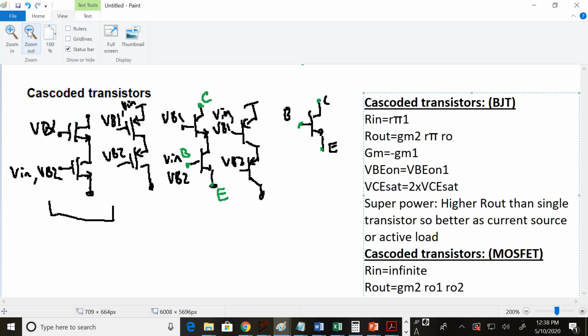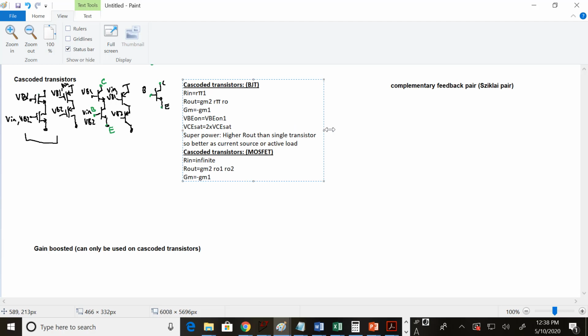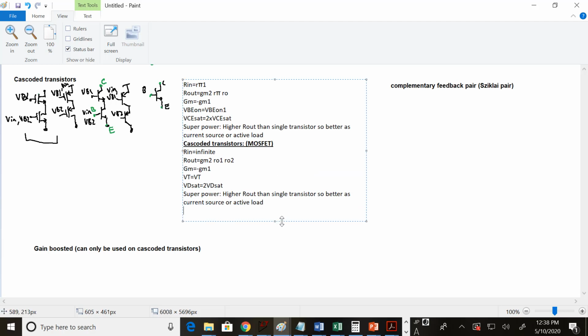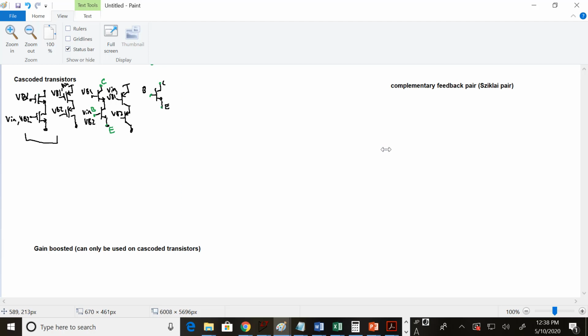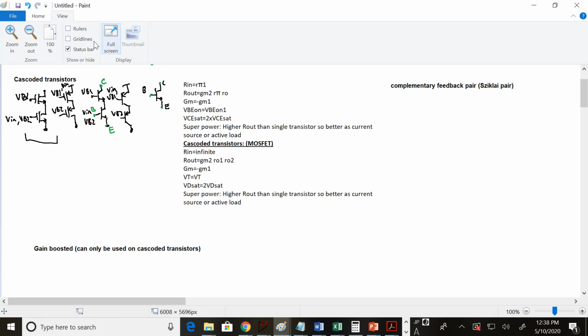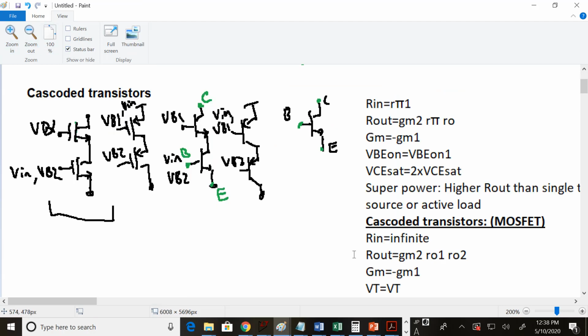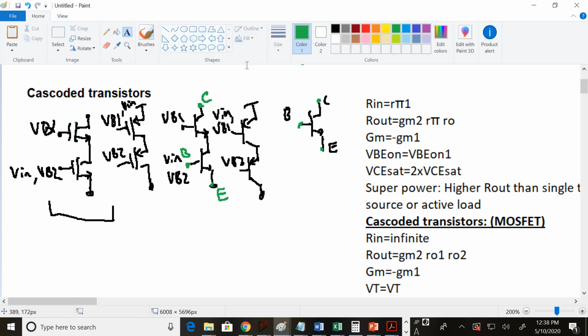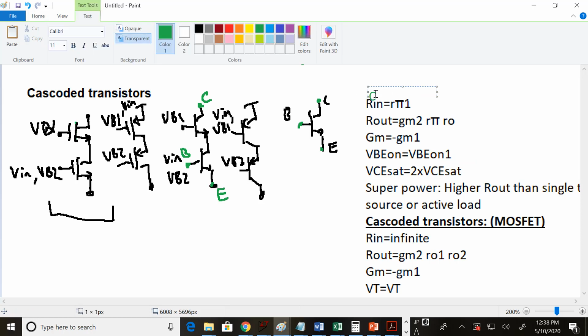Not fitting very well, but well, too late now. So what you see with the, up here, let's add cascoded BJT.